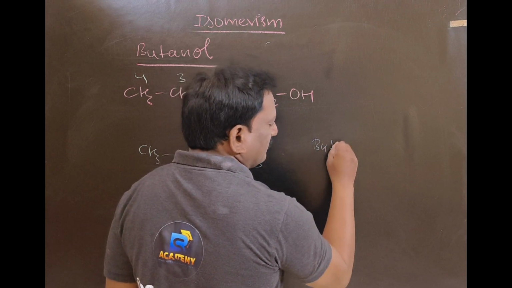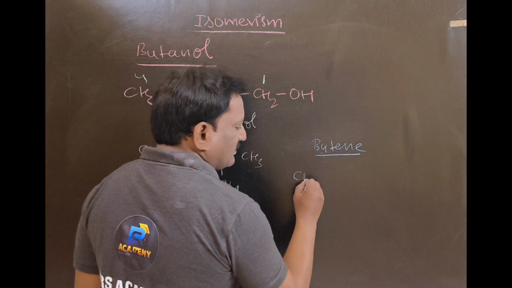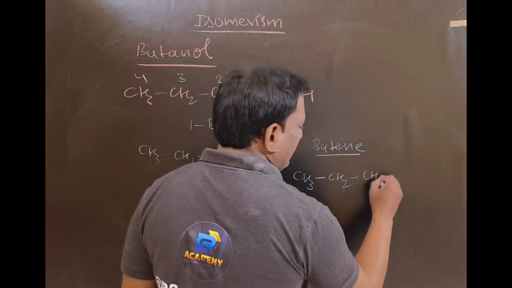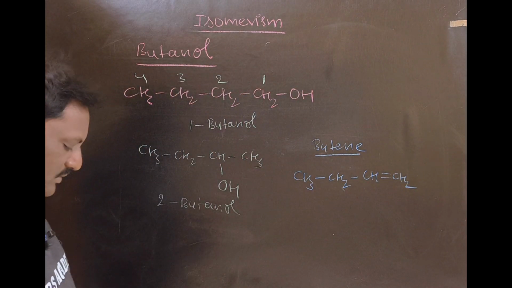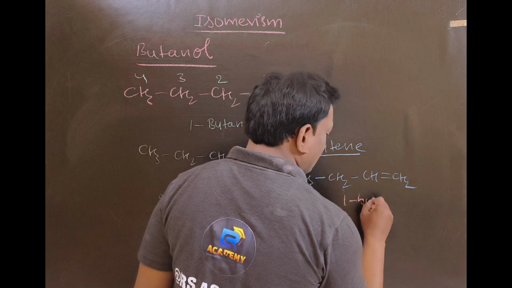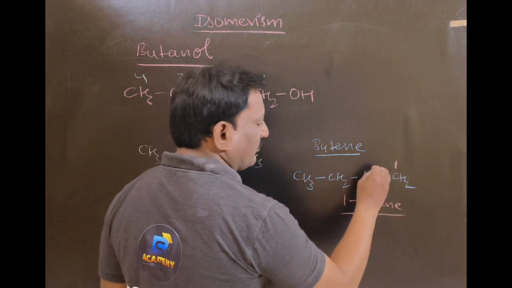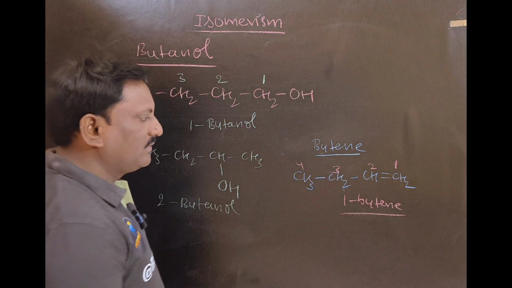Butene. Butene structure: CH3, CH2, CH double bond CH2. This is butene. Especially this is 1-butene, because the double bond is at the first carbon. 1, 2, 3, 4. 1-butene.